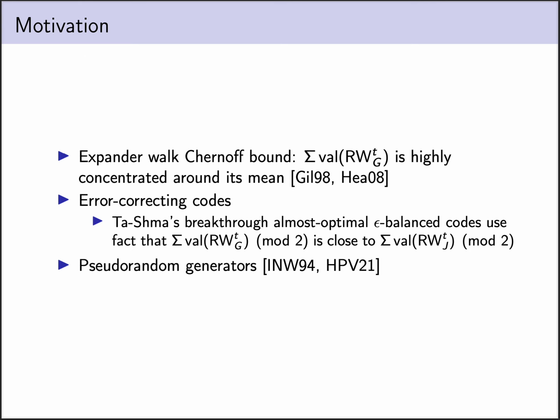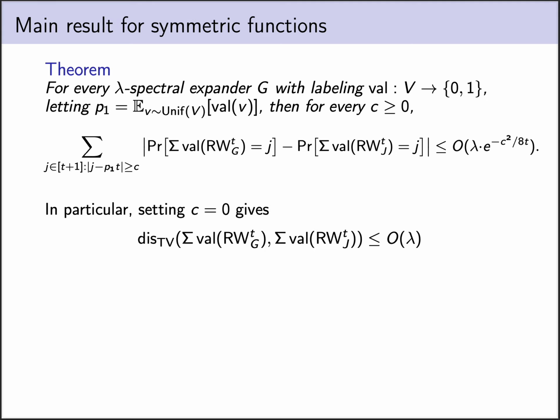So the motivation for this work comes from the fact that this exact problem seems to arise in many different settings in theoretical CS. It's actually been an ingredient in some pretty important prior works. One example is the expander walk Chernoff bound, which states that the sum of the labels from a random walk on an expander graph is highly concentrated around its mean.